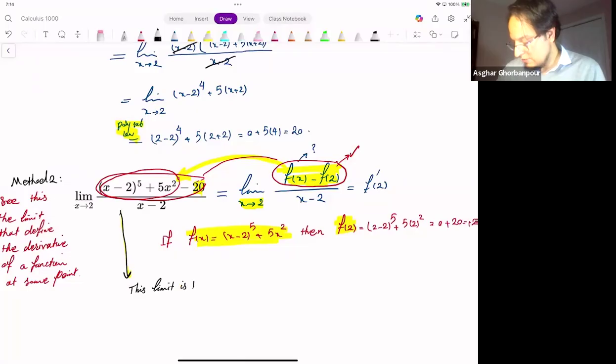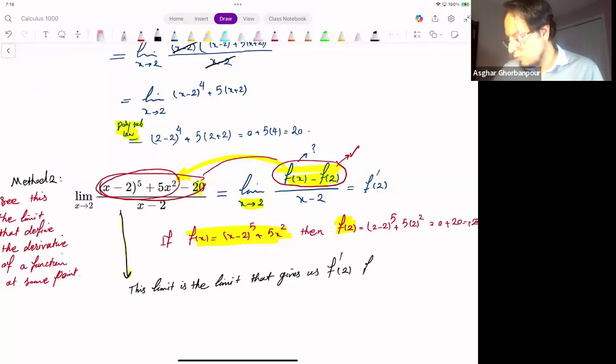Okay, so what we showed is that this limit gives us f prime at 2, for f at x being this function.